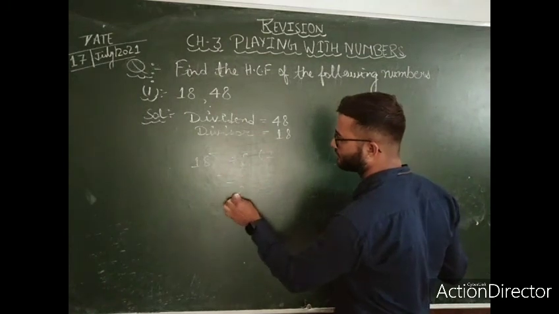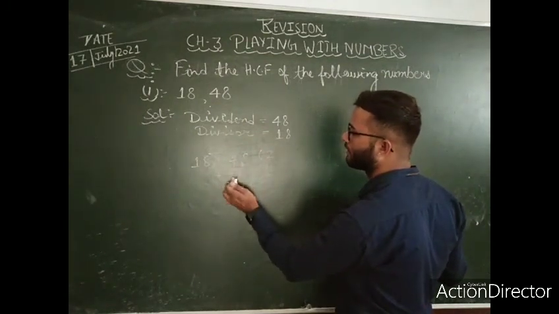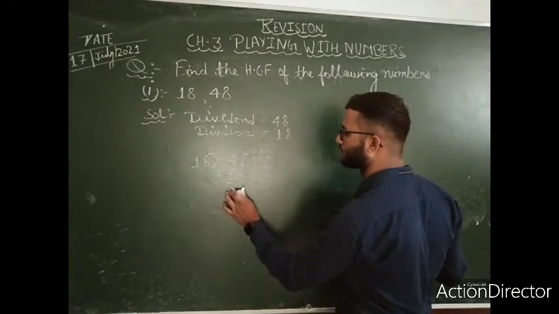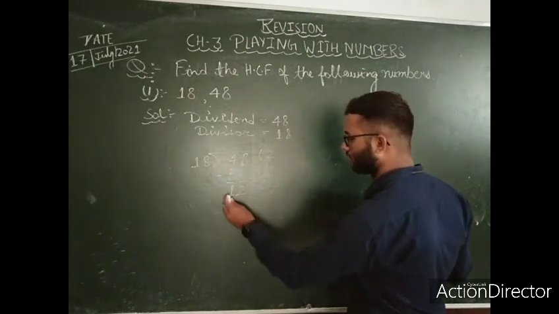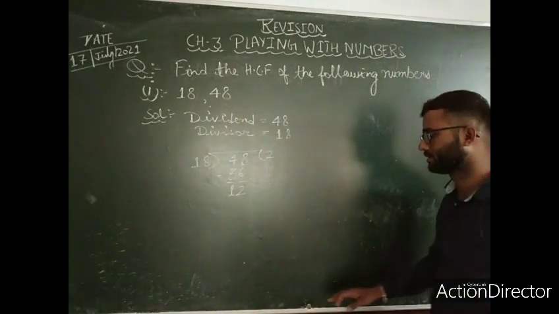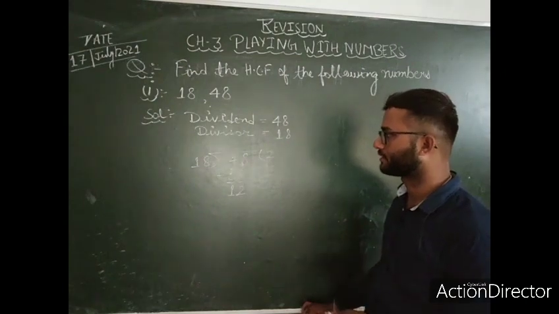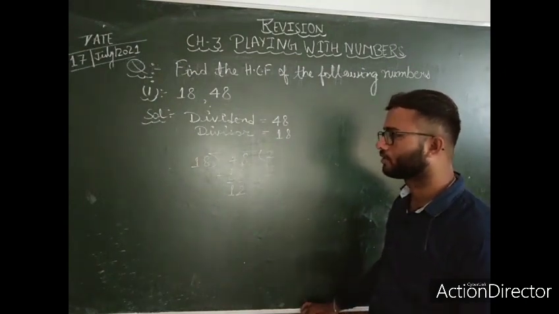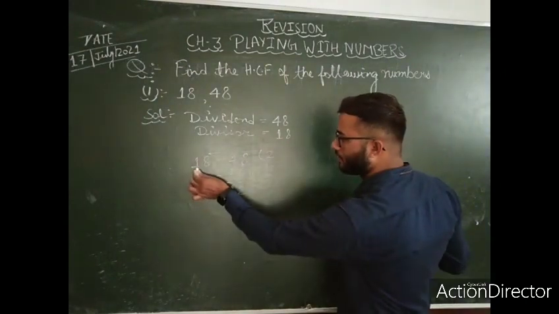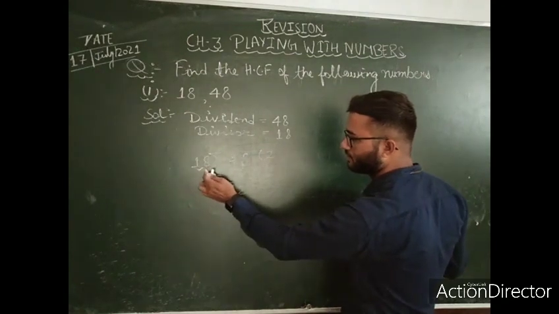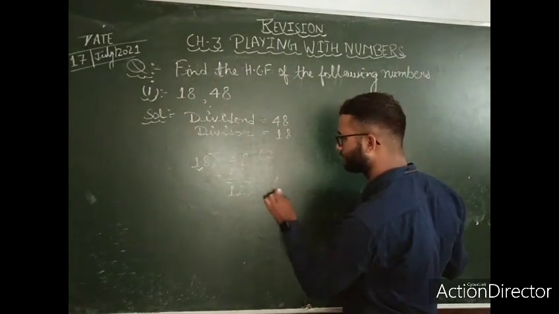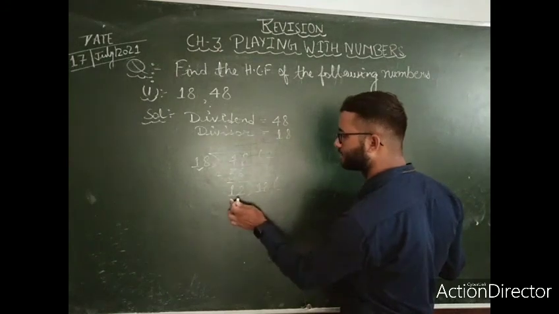8 minus 6 is 2, 4 minus 3 is 1. Because we already did these types of questions in the previous worksheet, you all know that we take this divisor as the dividend and this remainder as the divisor.